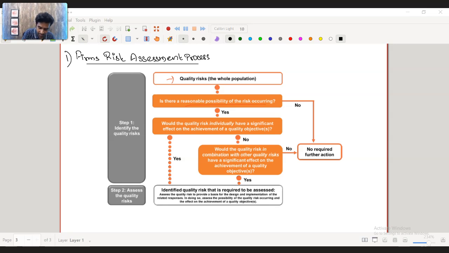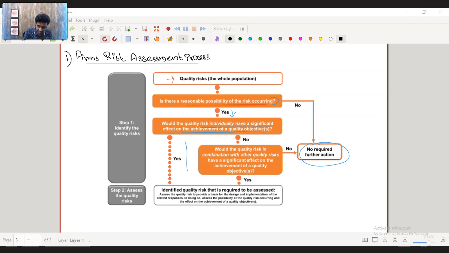Is there a possibility that the risk could occur in this audit? If it is no, then no action is required. We don't have to do anything. No response is required because there's no reasonable possibility of a risk occurring. If it's yes, there is a chance of the risk occurring. Would the quality risk individually have a significant effect on the achievement of a quality objective?